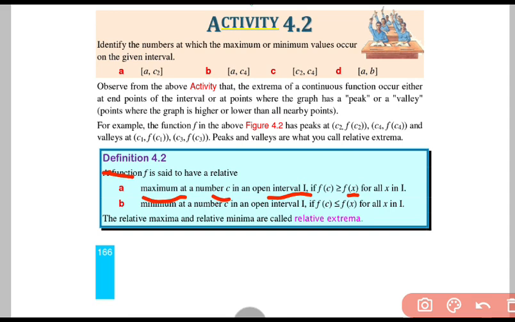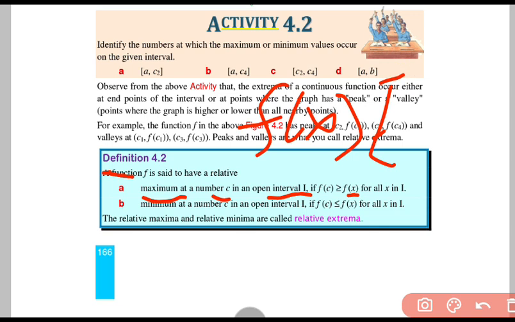As I told you before, f of x is not only x, x is a variable, okay?